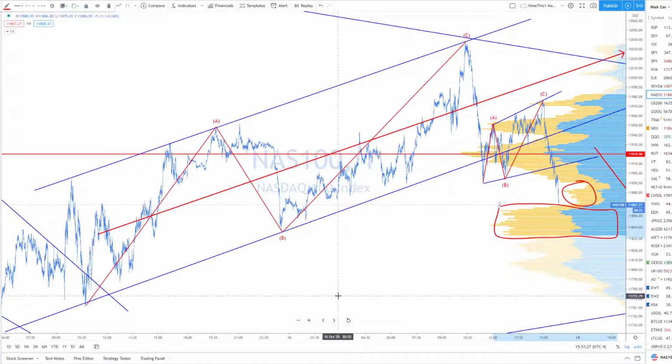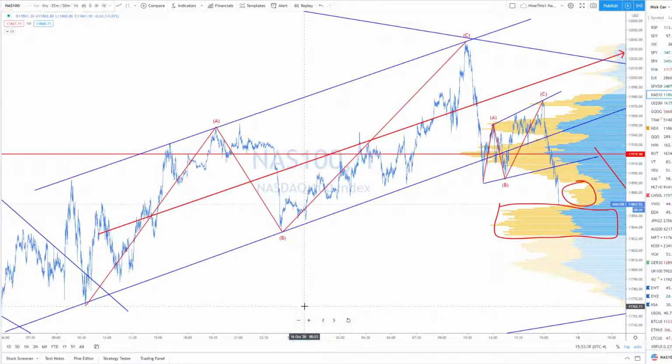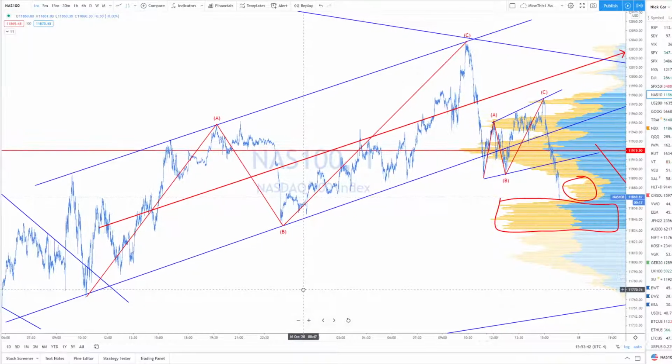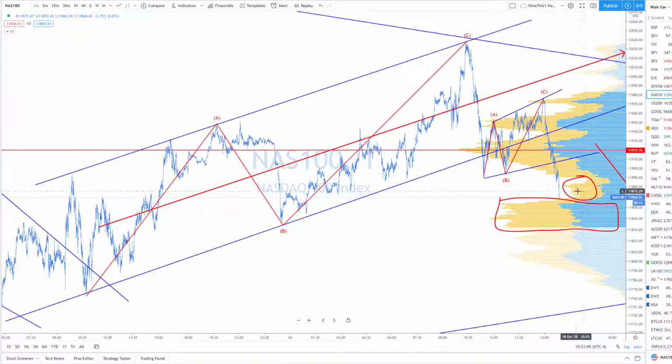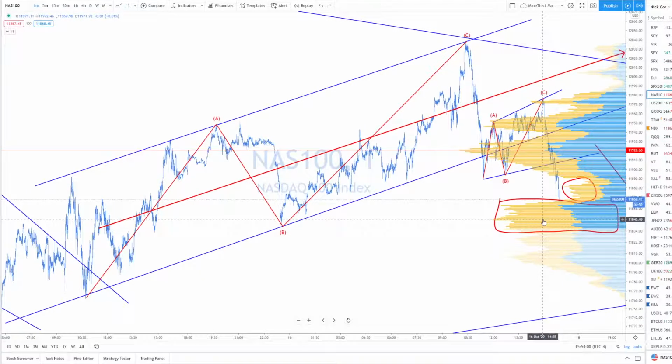Gradually, then suddenly. Right? Have you noticed what happened to that gap? Rewind the video and see what this gap used to look like and what it looks like now. See how the volume is starting to fill, right? The closer we get to the next point of control. Right?